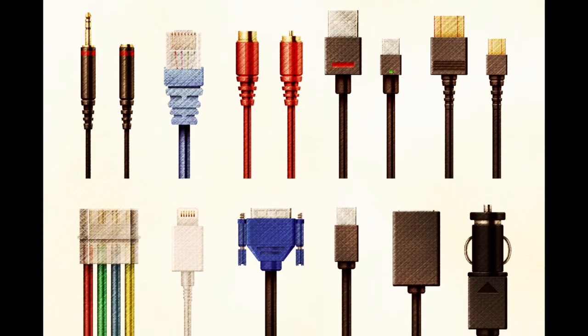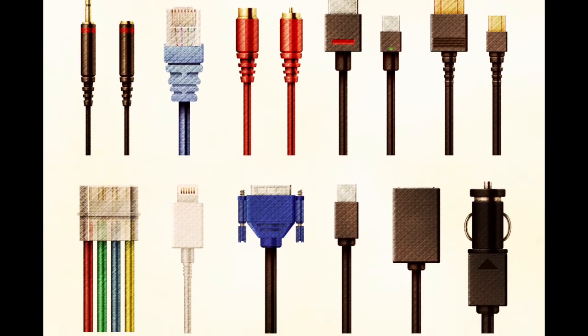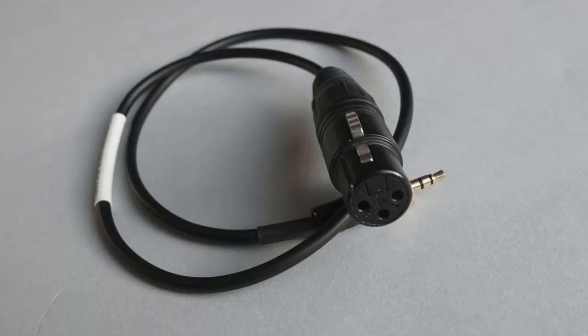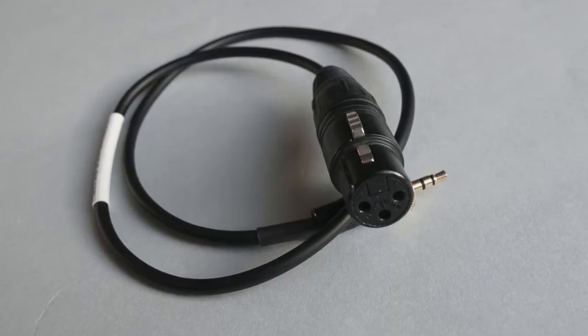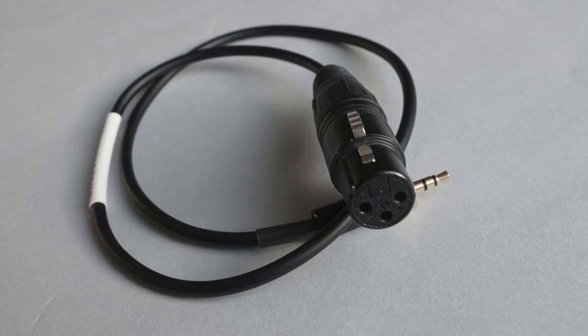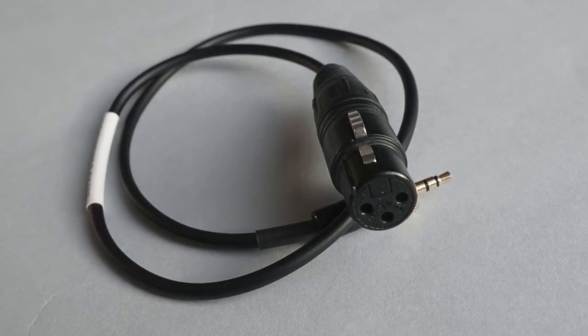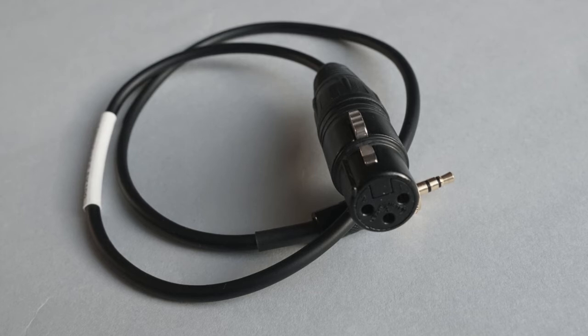What are some of the types of cable hardware that will be necessary? Connecting to a big soundboard like this one here uses XLR connections, which are a kind of 3-pin jack. You need to convert it down to a small pin jack. There are adapters that you can get to do that.